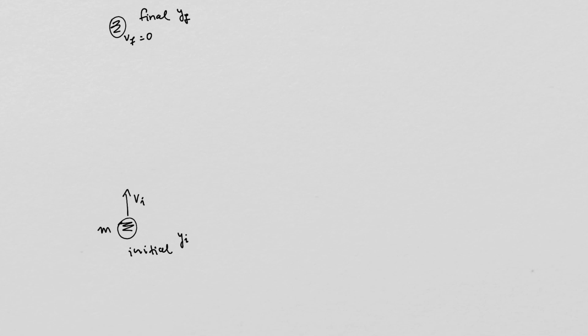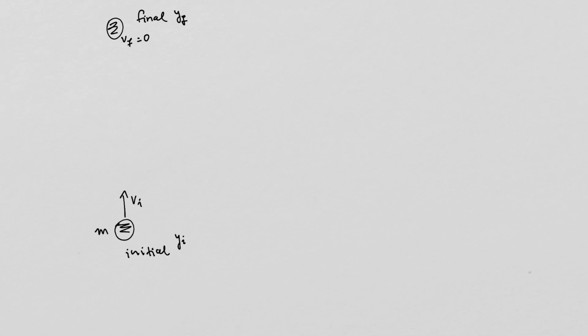So I can also calculate then the mechanical energy at each of those two positions. So the mechanical energy initial will be equal to kinetic energy initial plus gravitational potential energy initial, which is simply m v initial squared divided by 2 plus m g y initial.